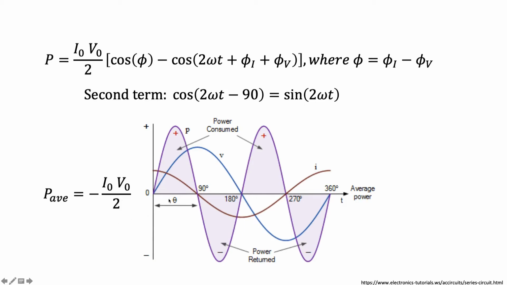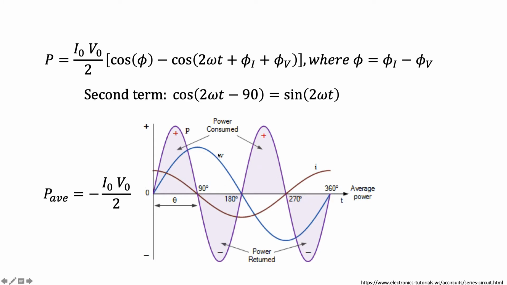Again, the power alternates between consumption between 0 and 90 degrees and 180 and 270 degrees, and replenishment between 90 and 180 degrees and 270 and 360 degrees. There is no power that is used up, but only power that is exchanged back and forth in the capacitor.